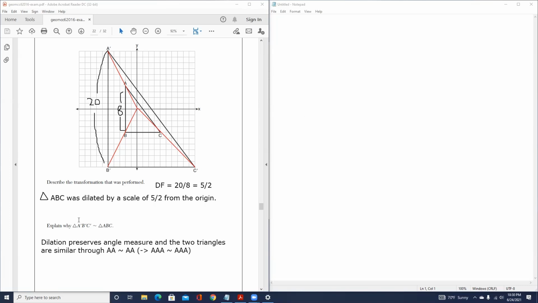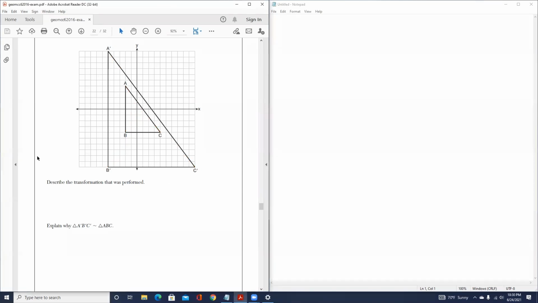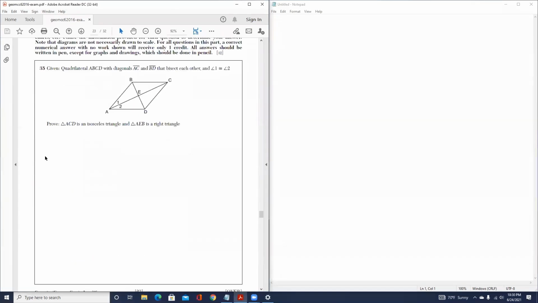So the dilation preserves angle measure. This means that the measure of these angles does not change as they're being dilated, and that means that these angles remain congruent. So therefore, through angle similarity, triangles ABC and A prime, B prime, C prime remain similar.